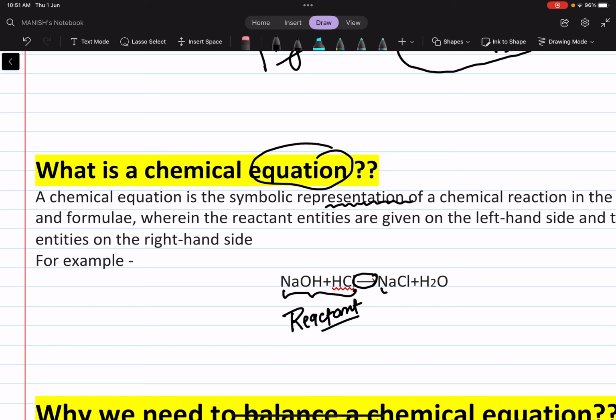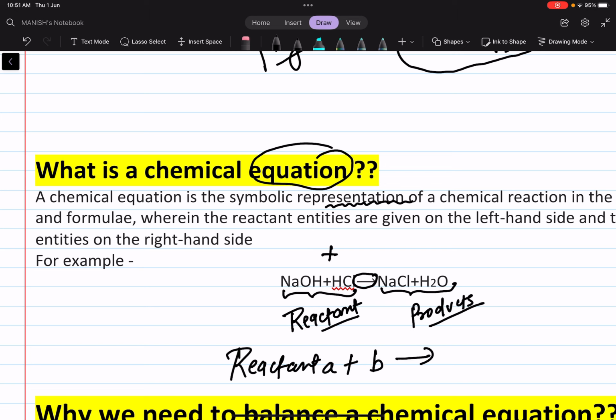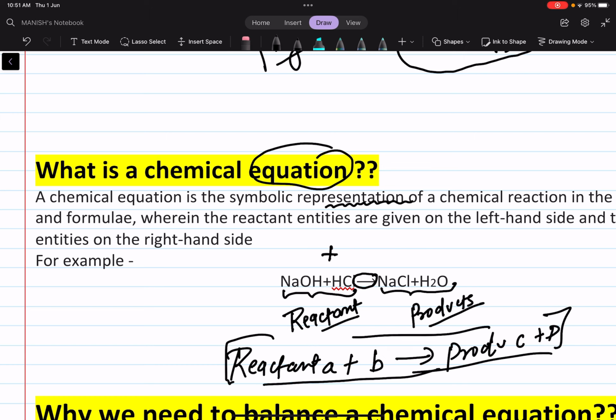And on the right side, we mention the products of the chemical reaction. If there is more than one reactant and more than one product, we use the plus symbol. So reactant A plus reactant B gives product C plus product D. This is the format of a chemical equation.